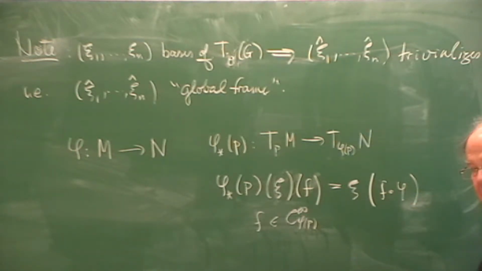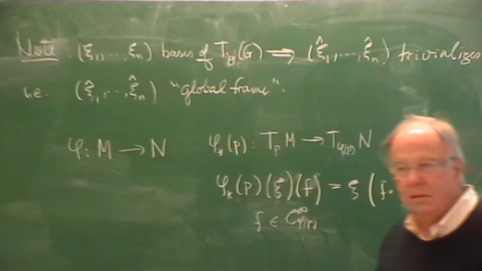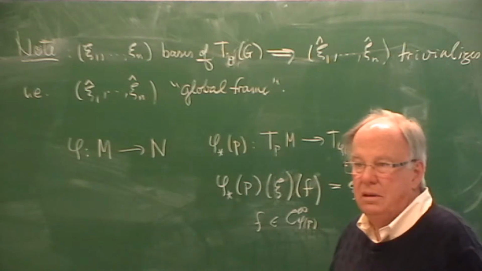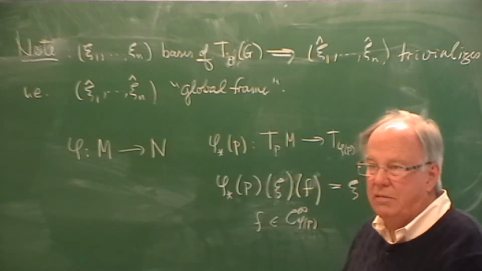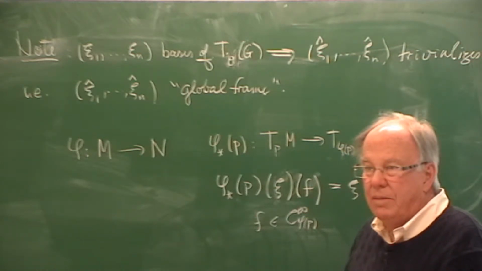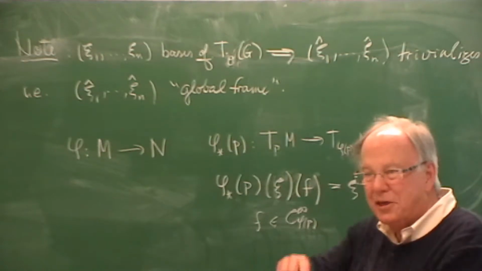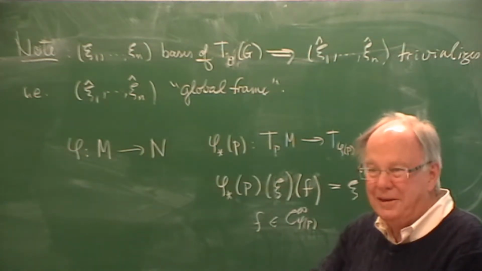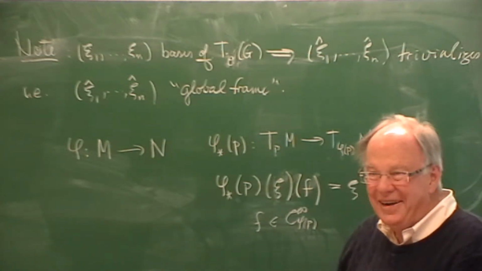Right? You pull back the function, differentiate it. C is an element of the tangent space at P. It differentiates functions at P. If you want, I'll say what I mean by that. You take a local curve, and you differentiate along that curve.